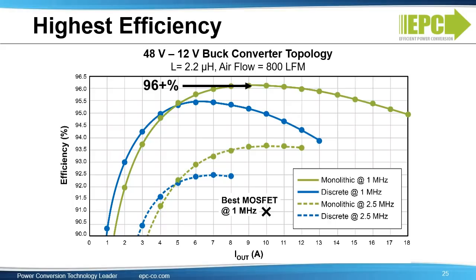The improvement is even bigger at 2.5 megahertz, where an integrated solution can deliver at least 3 extra amperes versus the discrete solution. At higher switching frequencies, GaN technology with ultra-low switching losses widely outperforms silicon MOSFETs, generally limited to 91% efficiency at best at 1 megahertz for 48 volt to 12 volt conversion.